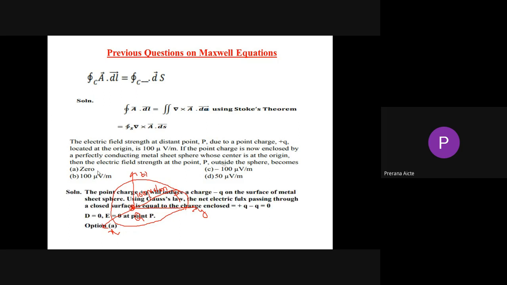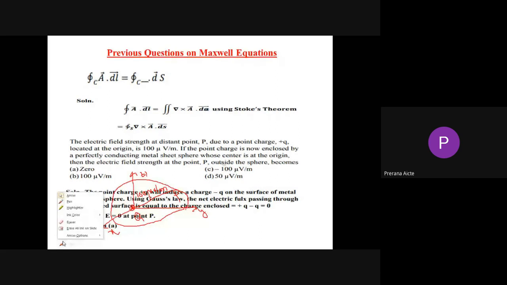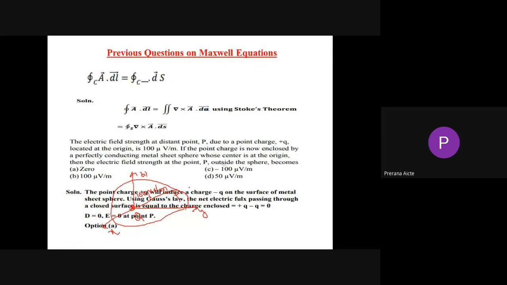See, the point charge will induce a charge Q on the surface of the metal sheet of the sphere. Using Gauss law, the net electric flux passing through the closed surface is equal to the charge enclosed. So D is equal to 0, because D is equal to epsilon into E. Already we know the formula, D is equal to epsilon into E. Then the electric field strength is equal to 0 outside the sphere.